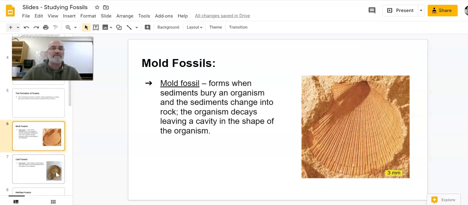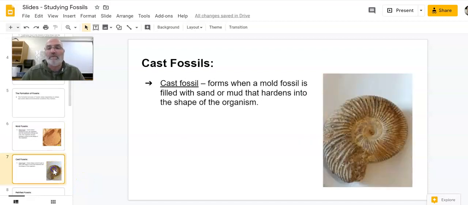Because every organism is uniquely structured to survive and thrive and reproduce within its particular environment. So by looking at external structures, something that mold fossils and cast fossils allow us to do, then we're able to make some conclusions about the environment based on the structure of the organisms that we're looking at. Everybody get that?